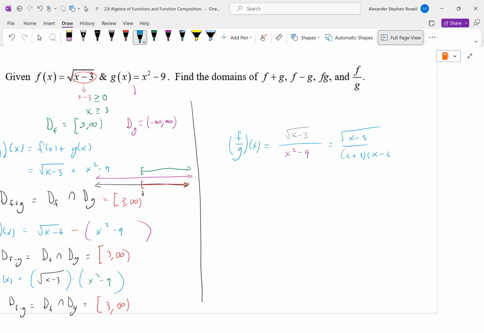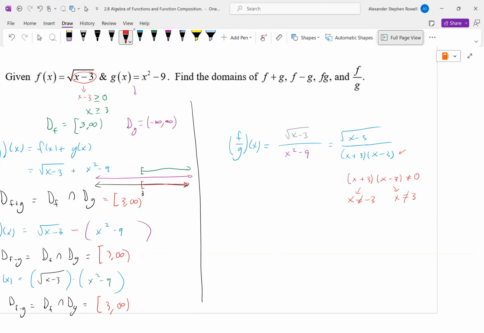X plus 3 times x minus 3. So the domain error is when the denominator is 0. We know that x plus 3 times x minus 3 cannot equal 0, which means x cannot be negative 3 and x cannot be positive 3. So this is the one extra thing, because we're dividing by a function, we have to watch out when the denominator is 0.